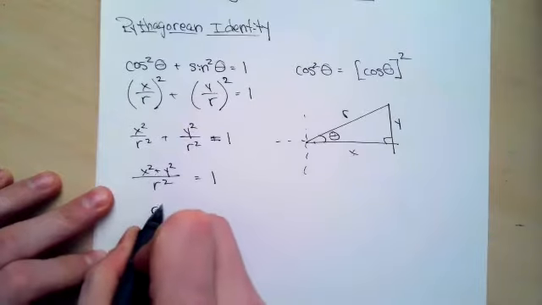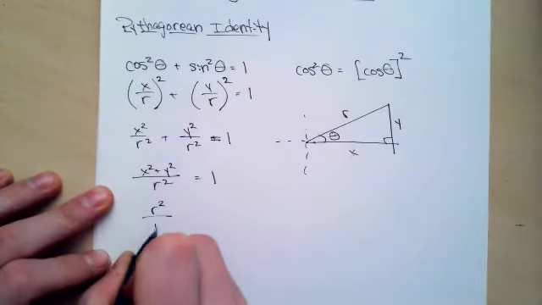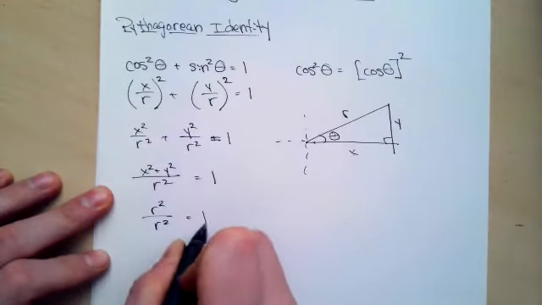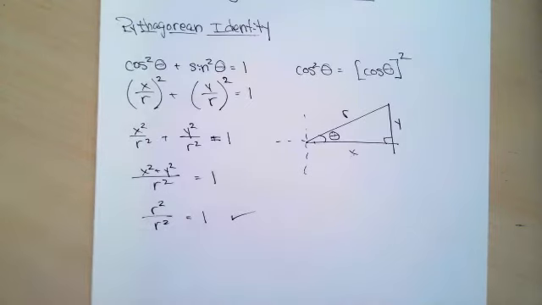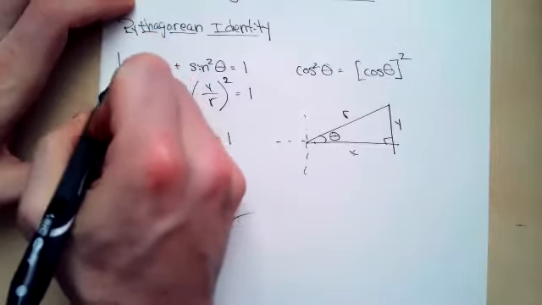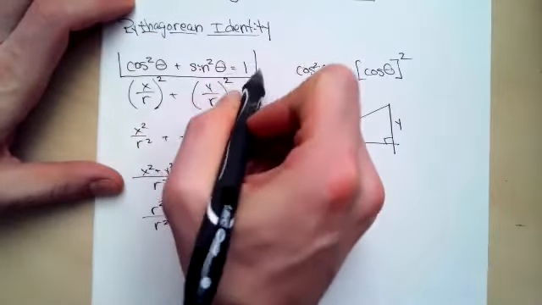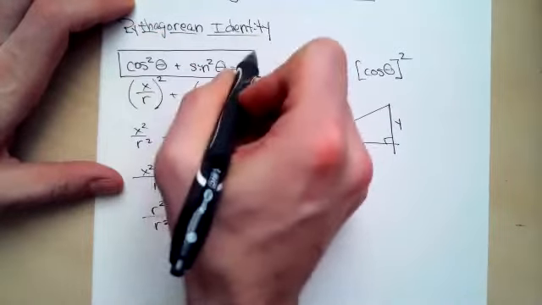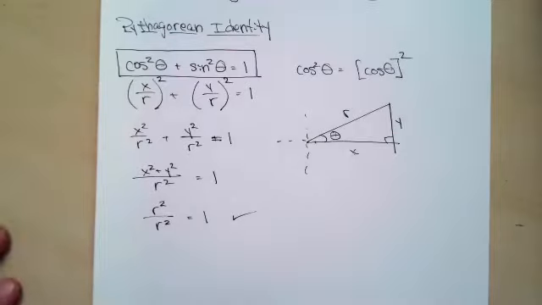We know that x squared plus y squared is r squared. So that is our first valid identity. I'm going to put a box around it as well, because that one's an important one to remember.